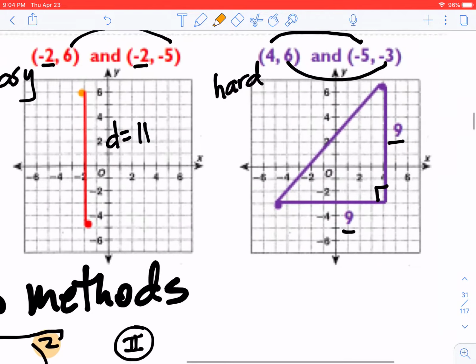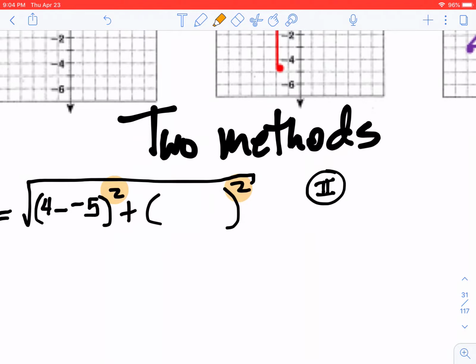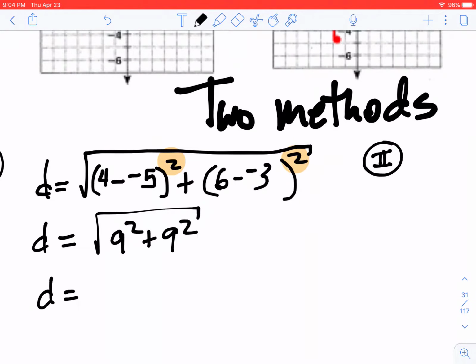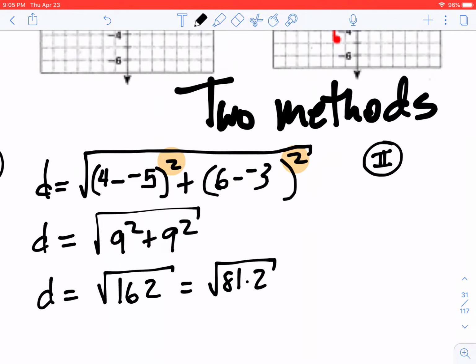And again, looking at the x coordinates, 6 and -3, same thing. Again, we get 9 squared plus 9 squared, square root of that result. 81 and 81, 162, but 162 can be broken up into 81 times 2, no coincidence, so we end up with 9 radical 2.